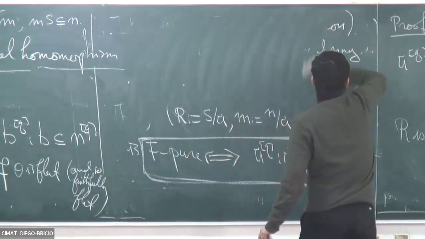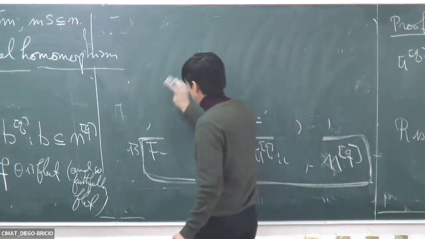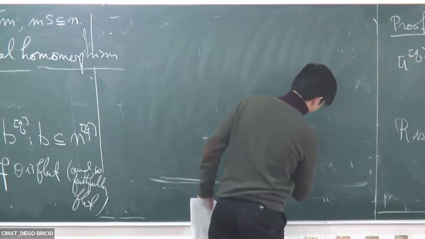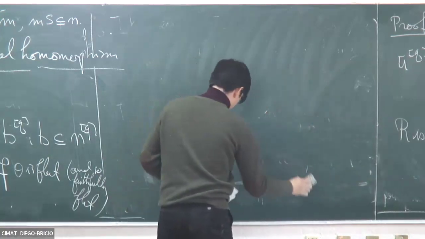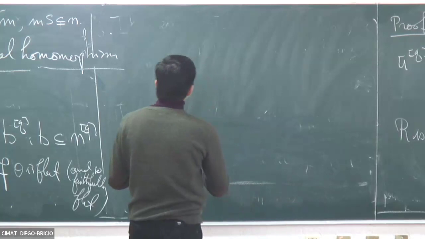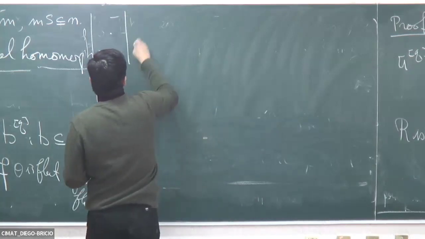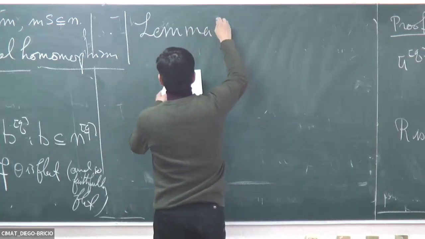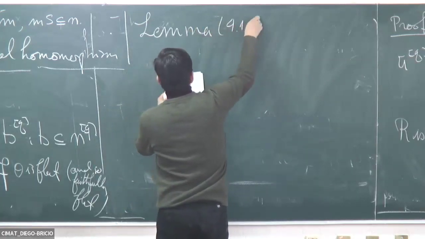So this is a particular case of a lemma that has to do with how colon ideals behave under base change. So lemma. This is Lemma 4.19 in the notes.